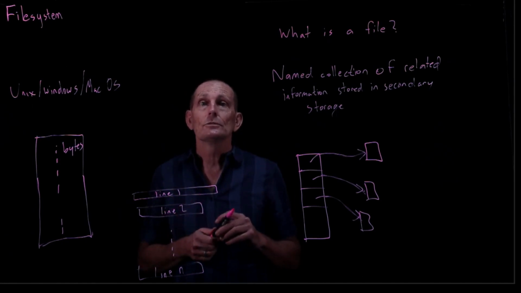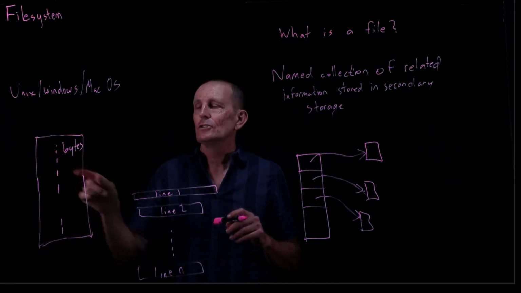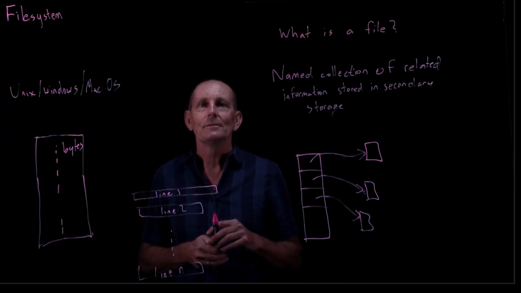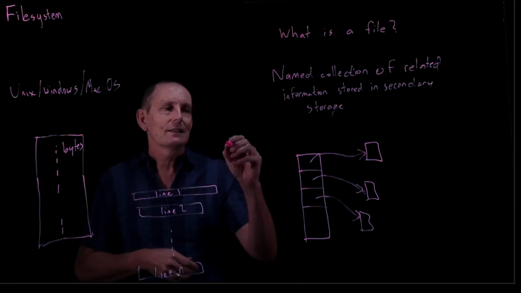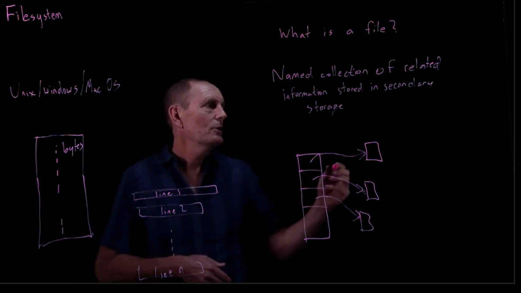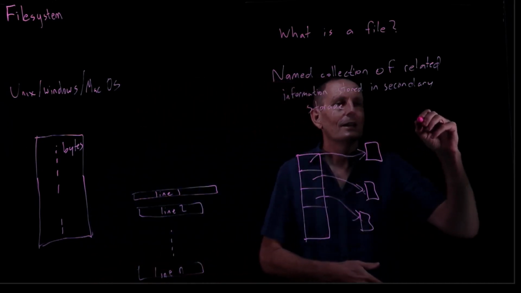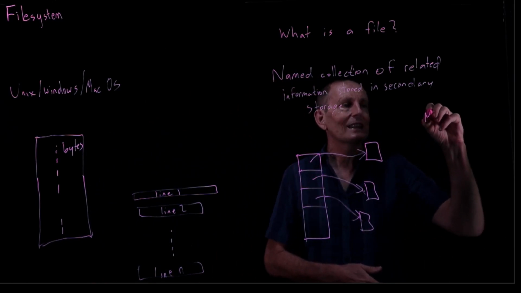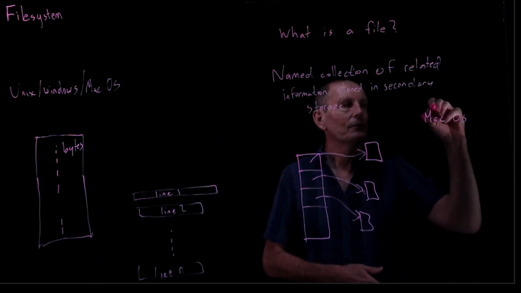There are also operating systems that have more than a single stream of data, and these basically allow multiple streams. We can look at this, for instance, in classic Mac OS.